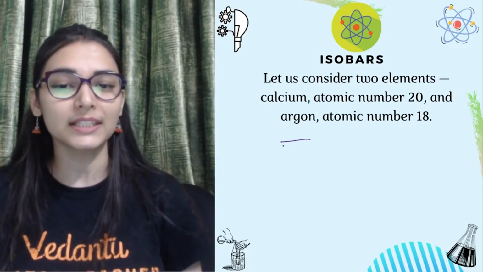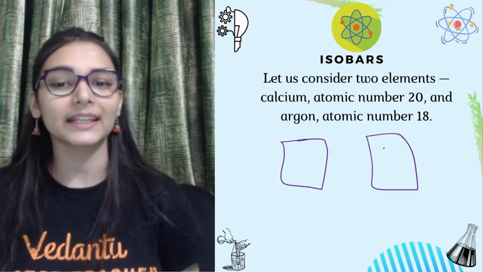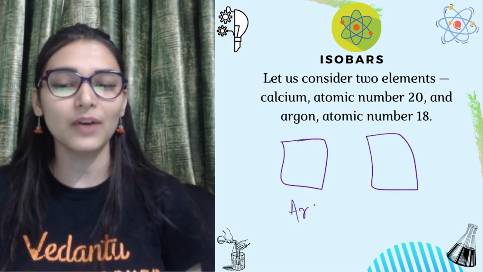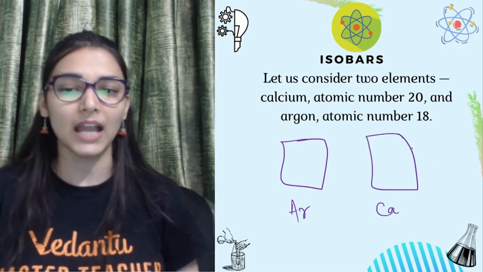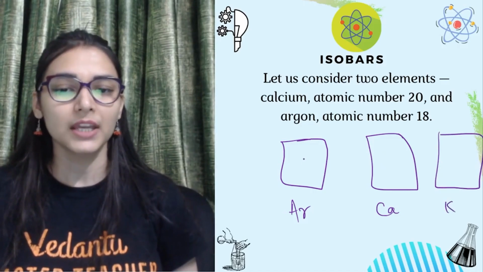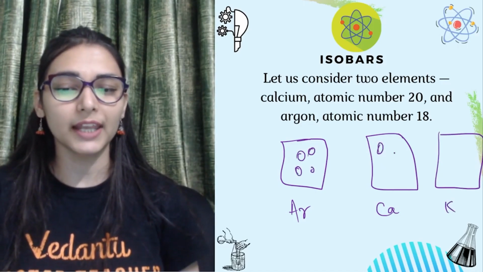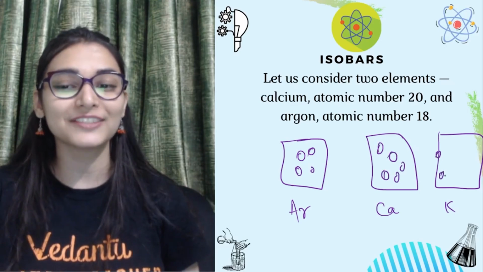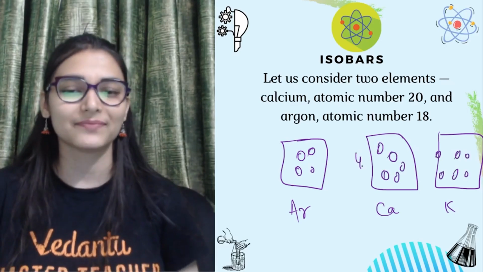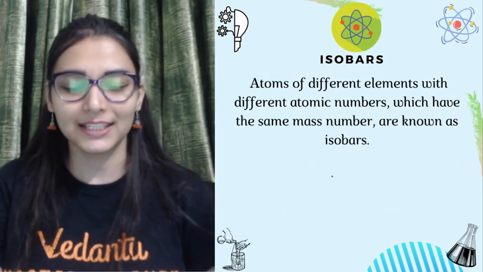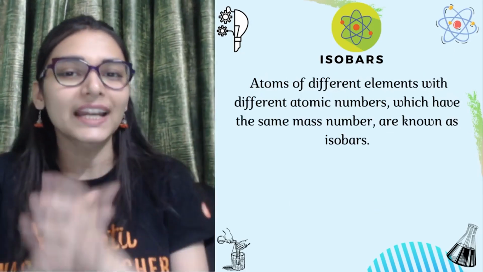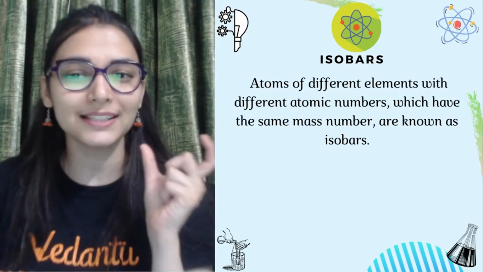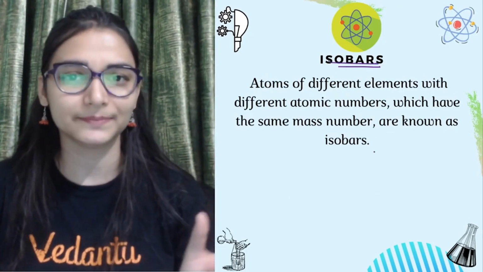There is a possibility that atoms of different element can have the same masses. जैसे you have argon, calcium, आप potassium की बात करो, they are the atoms of different element and they all have a mass of same 40 unit. सबका mass same है. ठीक है, so when atoms of different elements have the same masses, we call them isobars.